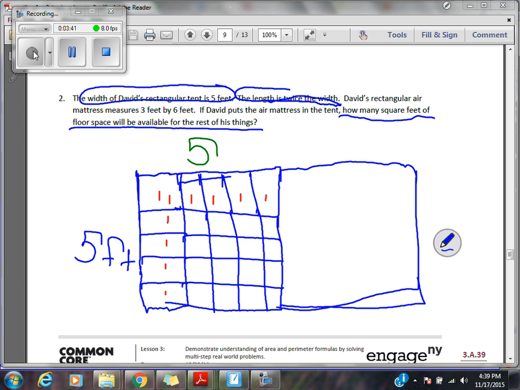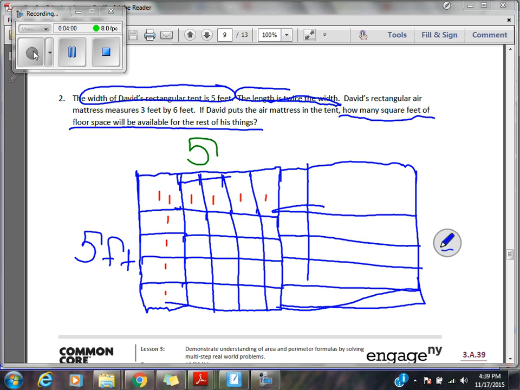And even though this isn't the neatest picture, and it's only because of the technology, I'm just going to continue my lines here so I can break this picture up to match. And I know I want 5 more columns going down. So here we go. 1, 2, 3, and 4.